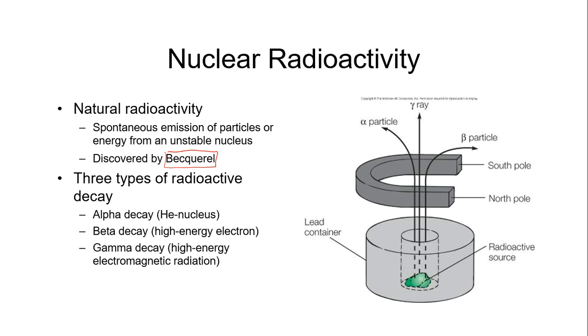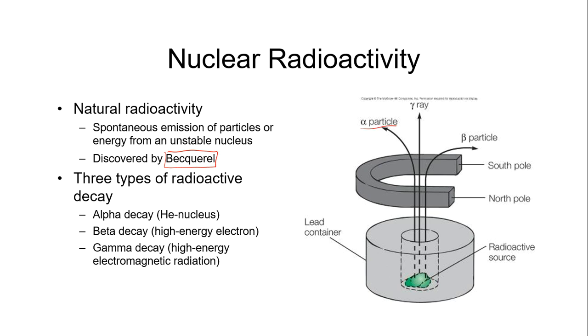Now, let's talk briefly about the difference between these three particles. Early research showed that the basic difference between these three particles was the charge. For instance, if you were to have this radioactive emission pass through a magnet, then it would turn out that the alpha particles would turn one direction, the beta particles would turn another direction, and the gamma rays would go straight.